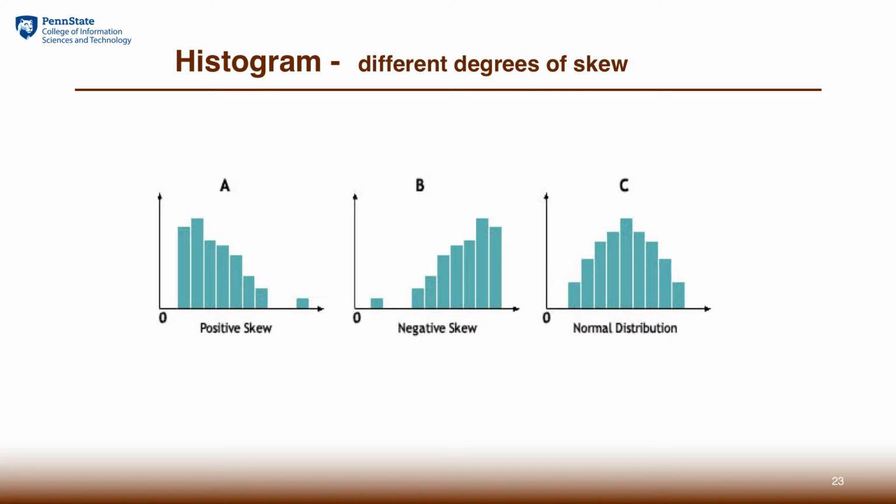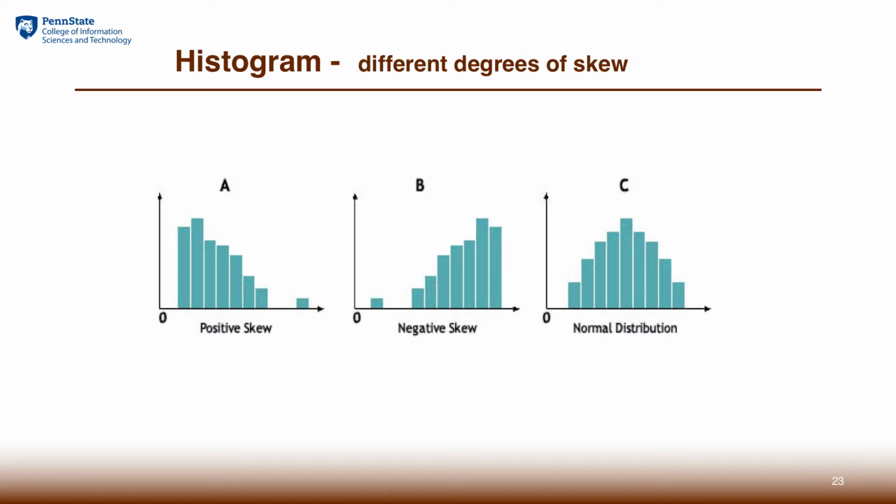So this bar chart visually shows the distribution of occurrence, and we always draw the data value range on the x-axis, and we always draw the frequencies on the y-axis.